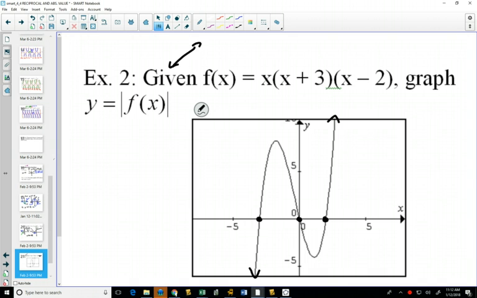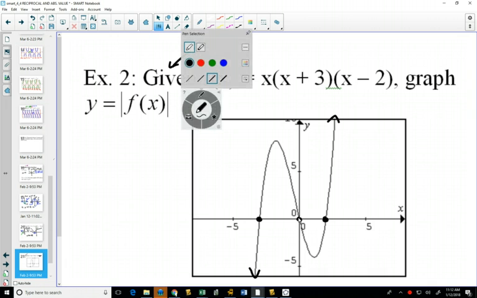So if I wanted to graph the absolute value of f of x on the same graph, again, I would say, well, which are the parts where my y values are negative? Well, my y values are negative here, and my y values are negative here.